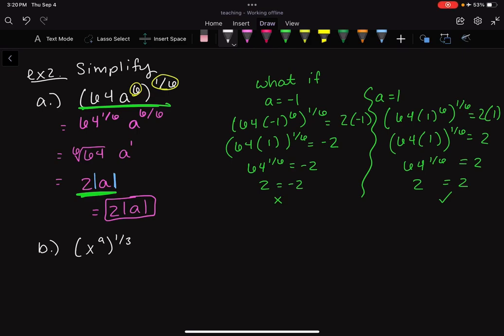This idea is actually going to come up later as well, because sometimes when we solve equations, we're going to get things that don't actually work if you plug them back in. And it actually comes back to this idea.